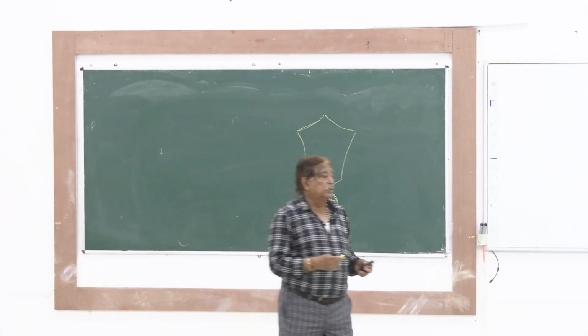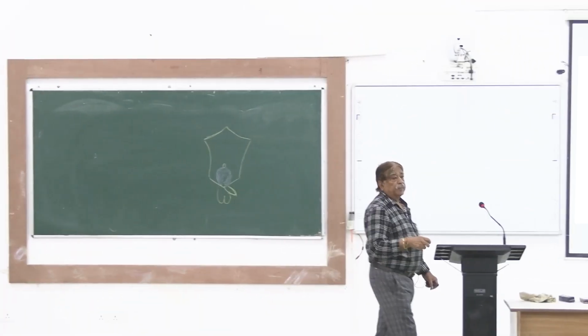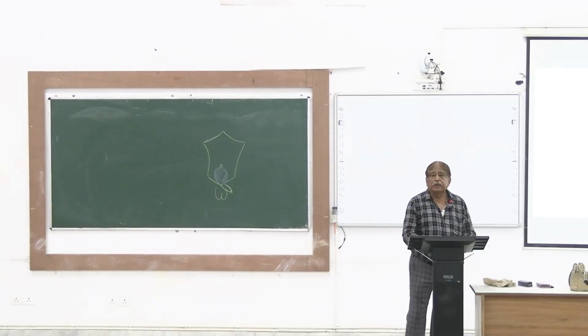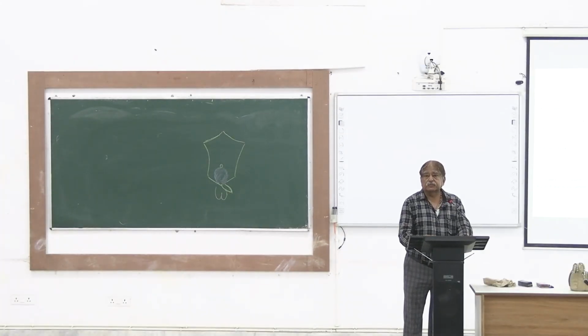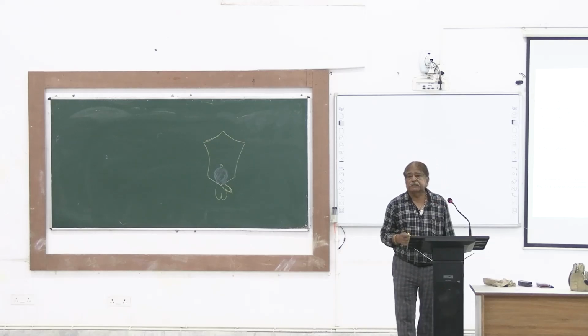Now, you can perform a suprapubic cystostomy by just infiltrating 2% xylocaine.